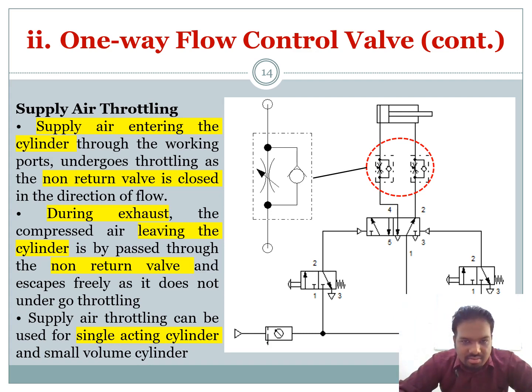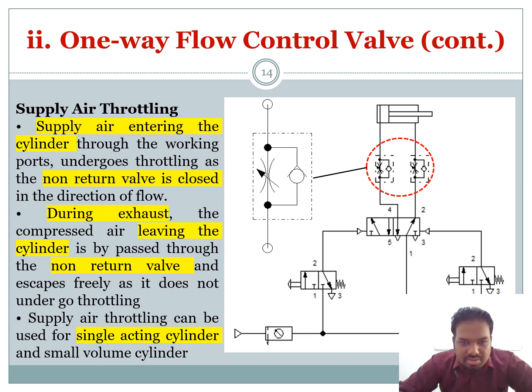Okay, supply. So you can see here the air is entering at this port, and when it comes here, you know this is a check valve, so the plate will block the flow and no flow will be permitted.